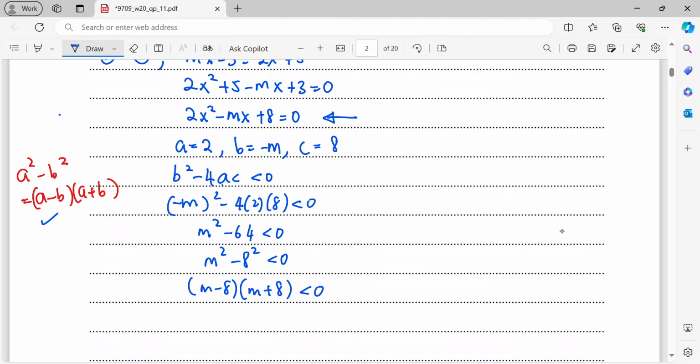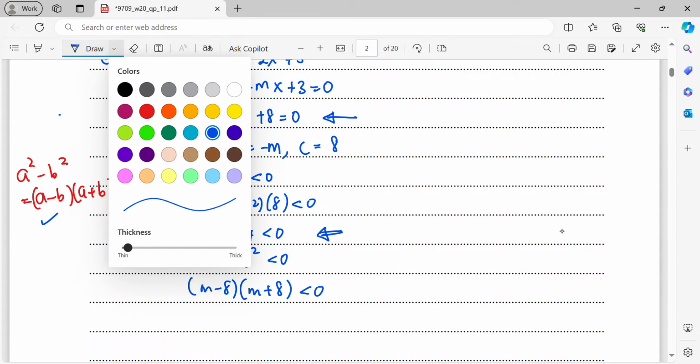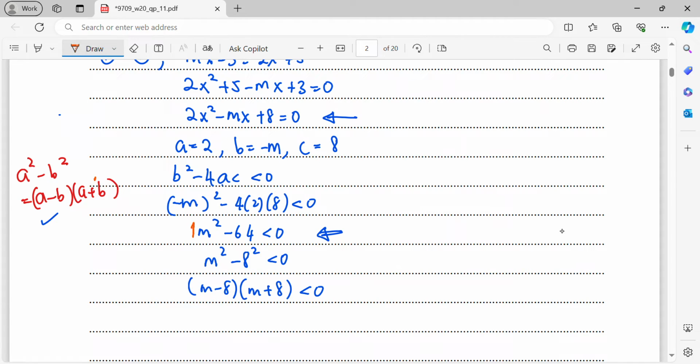Now to get the solution over here, refer to this graph. This is a positive m squared, that means this quadratic curve will have a minimum point. So now I will just simply sketch. This is my m axis. The points on the m axis will be the m values that we get from the brackets.